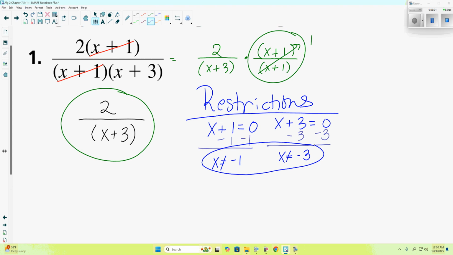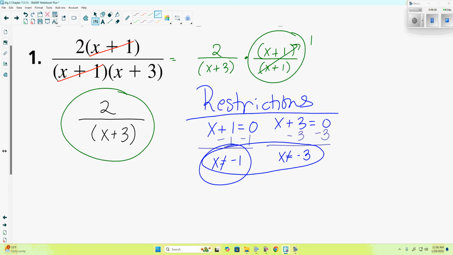Now, depending on the textbook or depending on the instructor, some would say that if the problem asks for the restrictions, we need to list both negative 1 and negative 3. Some do not say we need to list both. Some books say we just need to list the fact that x cannot be negative 1.